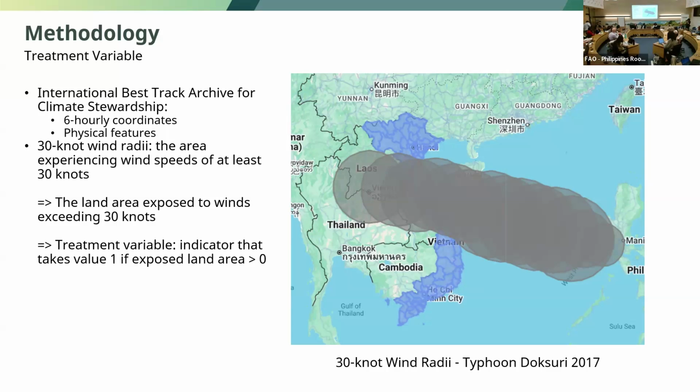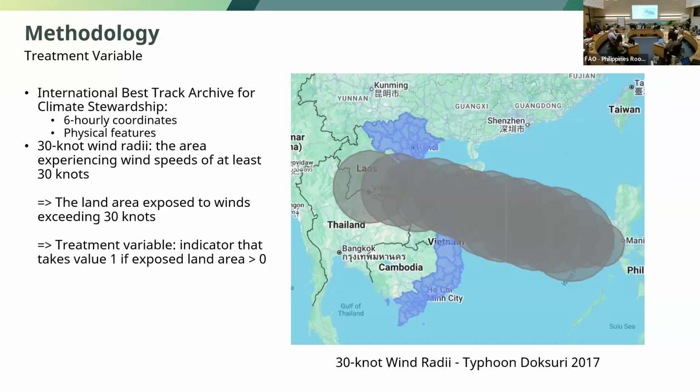For the typhoon exposure, we use the International Best Track Archive for Climate Stewardship. It basically compiles the storm tracks from different meteorological agencies around the world. You have the 6-hourly coordinates of the storm centers and the associated physical features. We focus on very strong storms only, more particularly typhoon level.